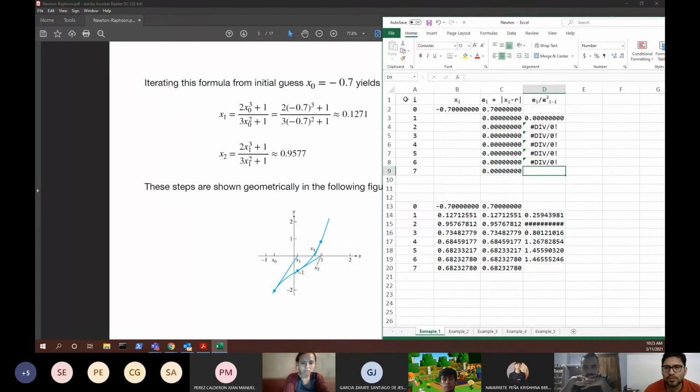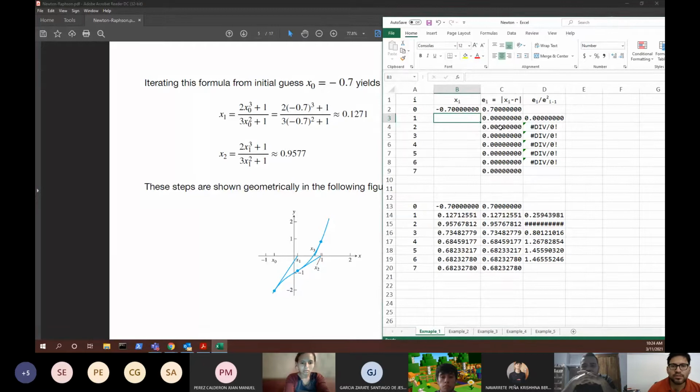So first of all, I only need these two columns for the moment. Focus on these two columns. This is the number of iterations. And then I just write my initial value, minus 0.7. Okay, so I have my initial value.